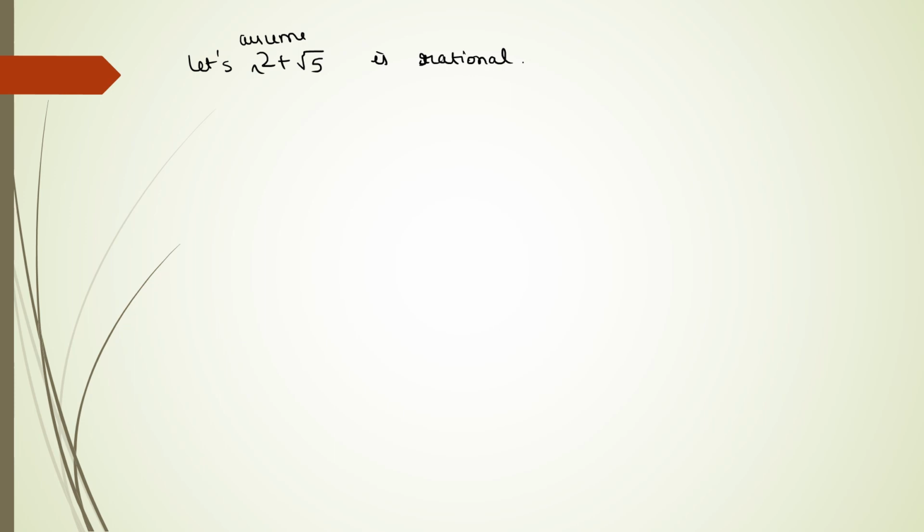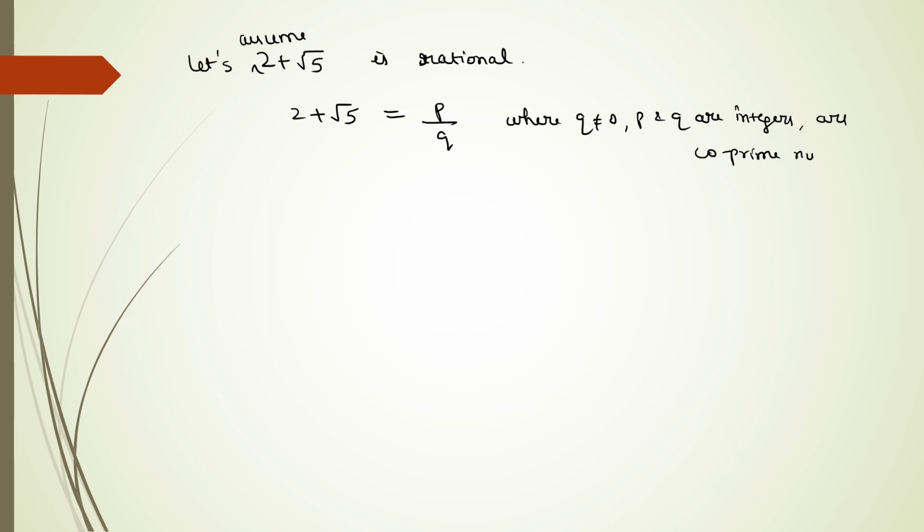Again that same theory: if we have assumed it rational, then 2 plus root 5 should be in the form of p by q, where q should not be 0, p and q are integers and p and q are co-prime numbers. Correct? So we can say co-prime integers.